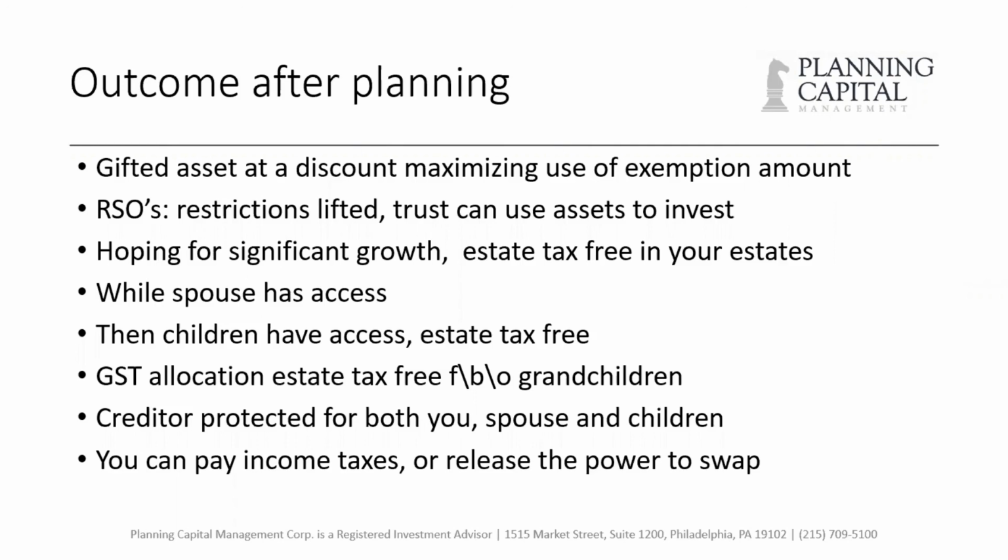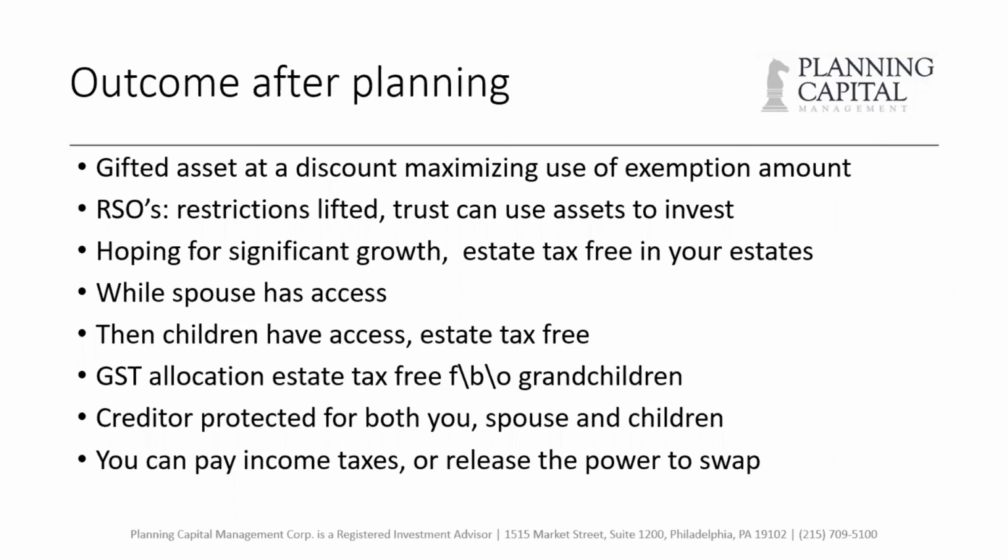You can invest as you deem appropriate, and of course, we're hoping for significant growth, such that the assets are growing estate tax free, while giving spouse access, then giving children access estate tax free by allocating the GST, going down to grandchildren, all creditor protected, and if you want, you can pay the income taxes, or you can turn it off so the trust pays the taxes.